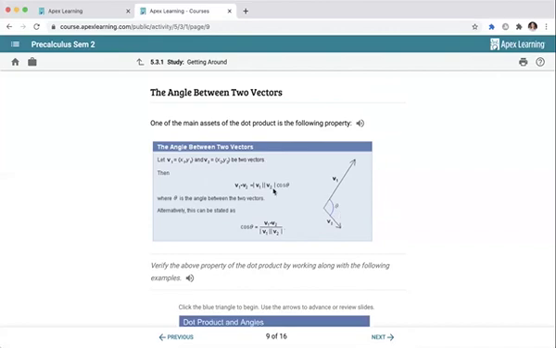If we use this dot product, we can say v1 dot v2 is equal to the absolute value of v1 times the absolute value of v2 times cosine of theta.